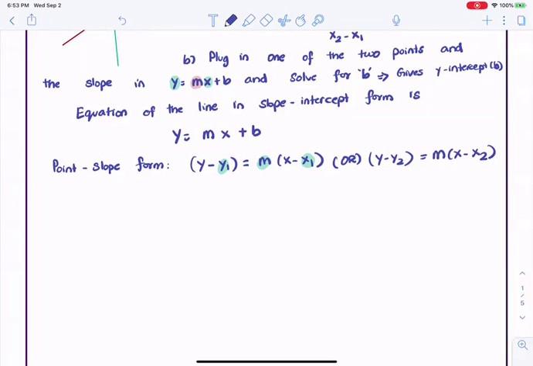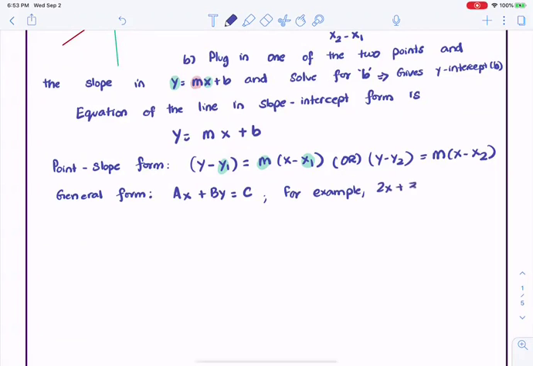And the last form of an equation of a line is the general form, which is what we saw in the previous video. So you have ax plus by equals c. If you look at the previous video, what we had is, for example, 2x plus 3y equals 2.